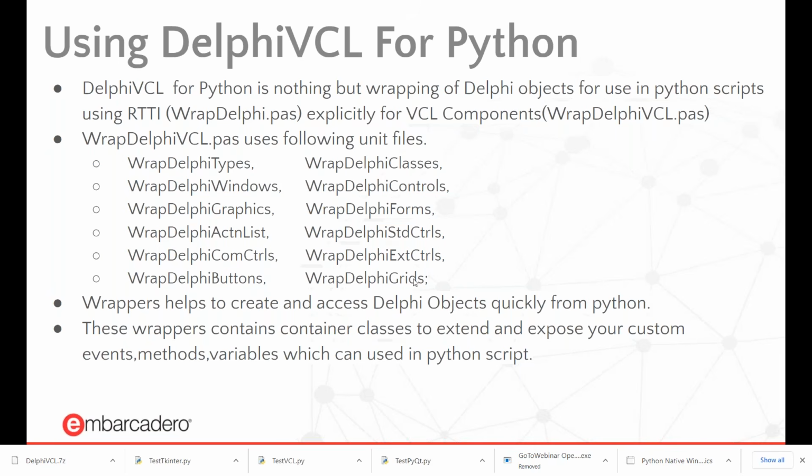Using these wrappers, you can create and access Delphi objects quickly from Python. These wrappers not only have the objects which are wrapped, they also have some container classes to extend and expose your custom events, some of the methods and variables which can later be used in the Python script.